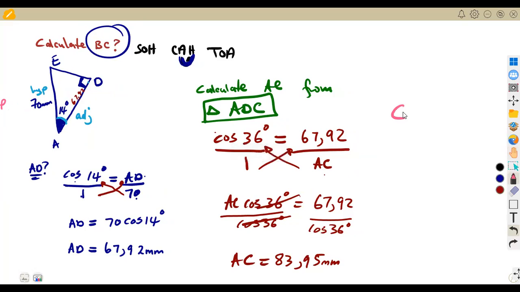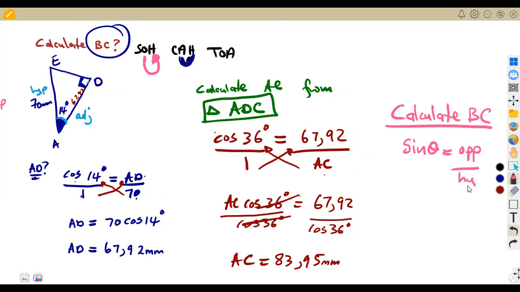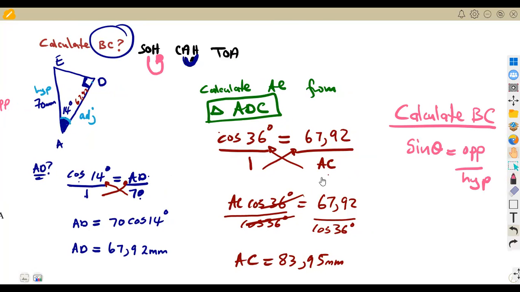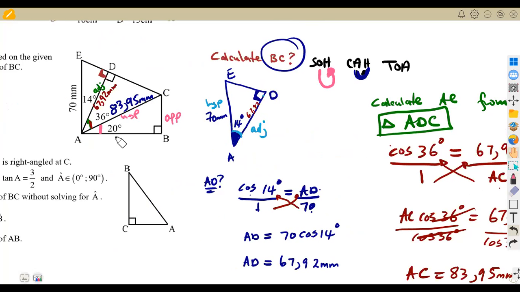So now we calculate BC finally. We saw that the best ratio is the ratio for sine. The sine of theta is equal to the opposite over the hypotenuse. So we are just going to fill in our information. According to theta, which is 20 degrees, our opposite is BC, the side that we want to calculate.